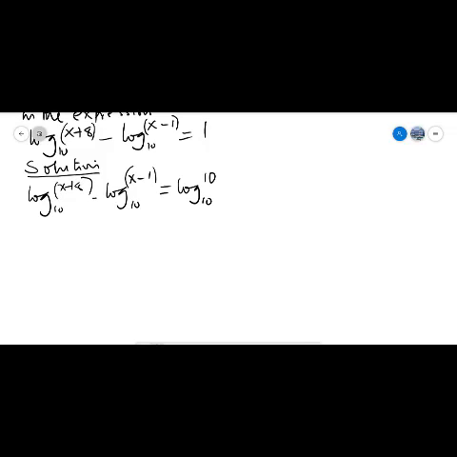So I'm substituting 1 with log 10 base 10. Alright, so let's continue solving. Now, according to the law of logarithm, if we must combine, since they are in the same base, we're going to have log.